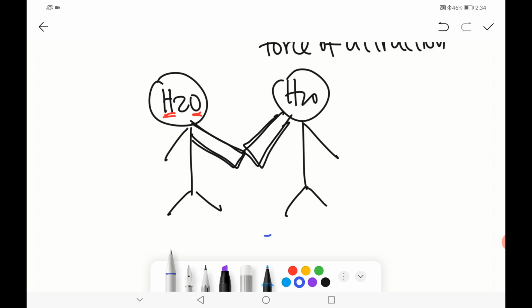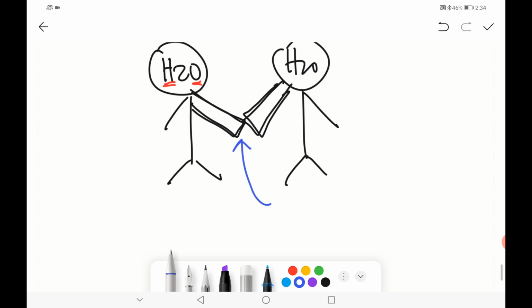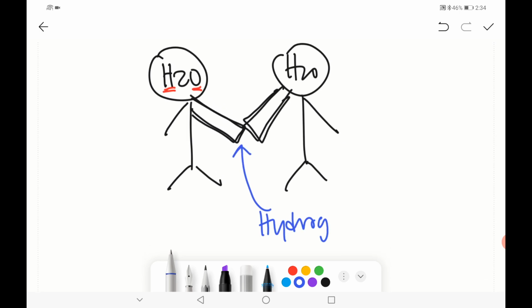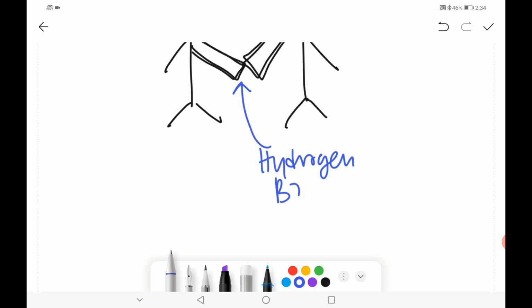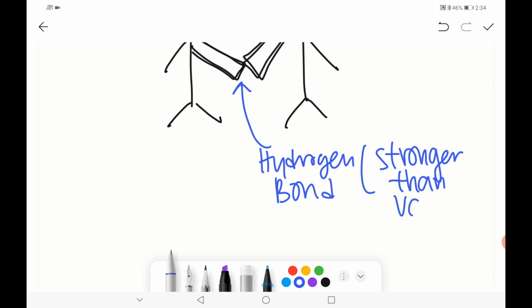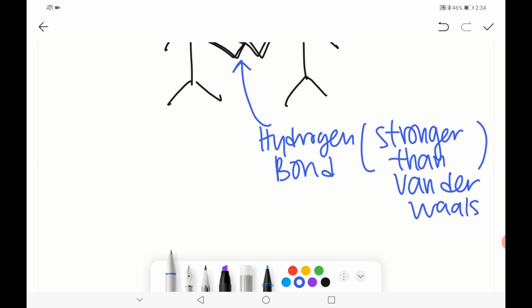This force is stronger than van der Waals. This is hydrogen bond. So the hydrogen bond is stronger than the van der Waals, but is still weaker than the electrostatic force that we find in ionic bond. So hydrogen bond is strong, but not as strong as the electrostatic force in ionic compound.